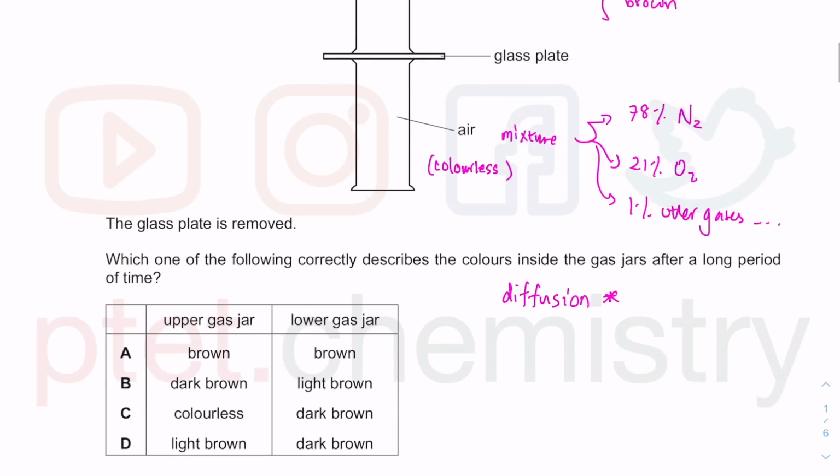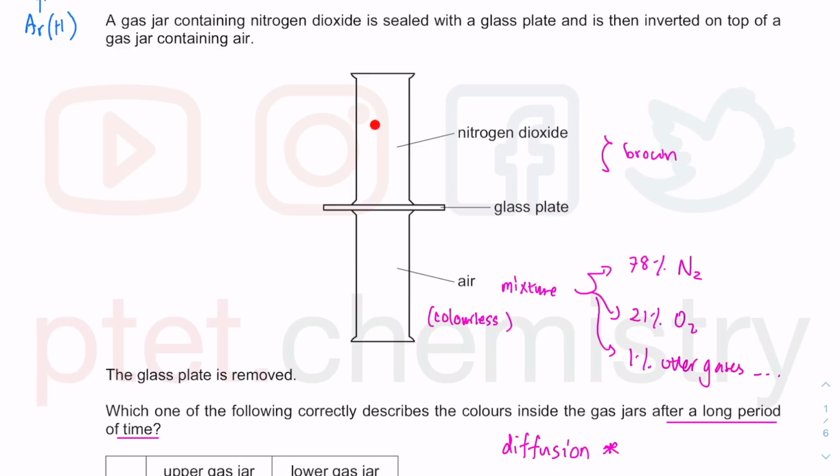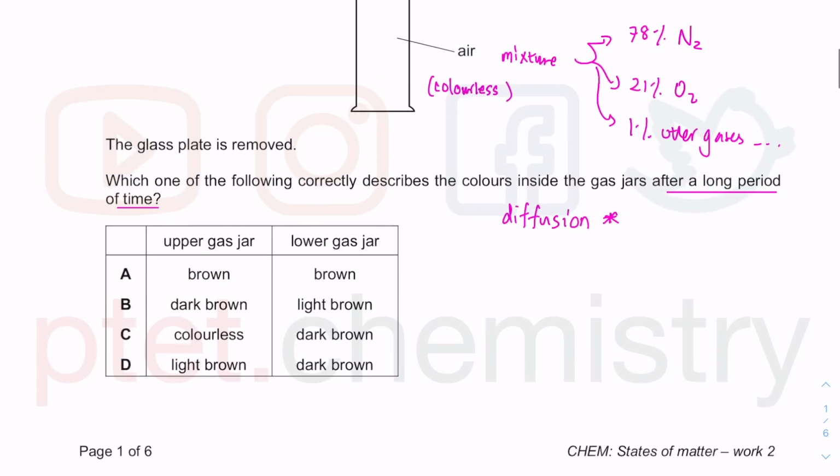So in terms of the color, after a long period of time, the color will equilibrate, meaning to say the color will become the same because the particles get distributed throughout, they mix evenly, you get uniform concentration. So it's not going to be dark brown in either position, despite NO2 being denser.